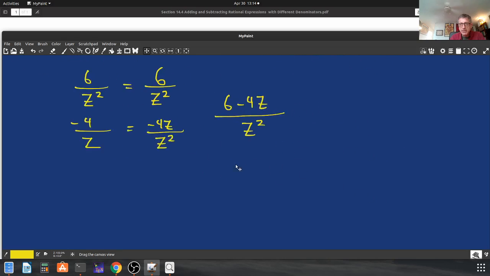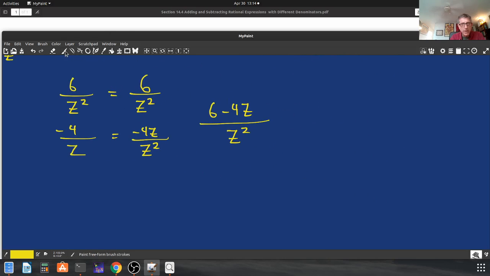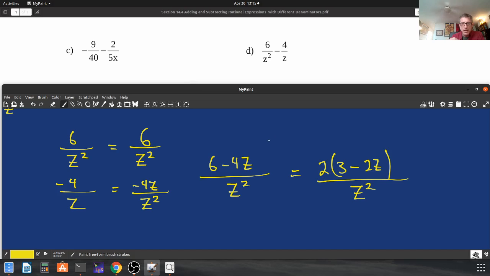We can actually simplify the numerator here because we can factor out the GCF of these two terms, which is 2. 6 divided by 2 is 3, and 4z divided by 2 is 2z, over z squared. And this is the preferred answer. I mean, the other one's correct, but this one's more simplified.